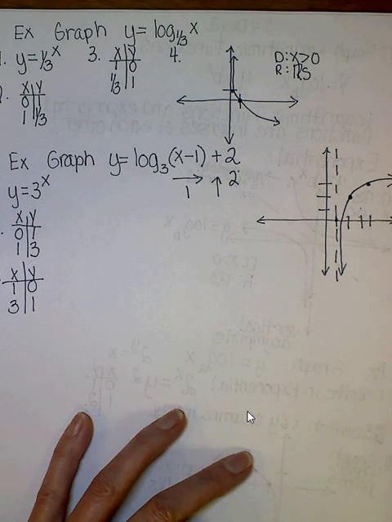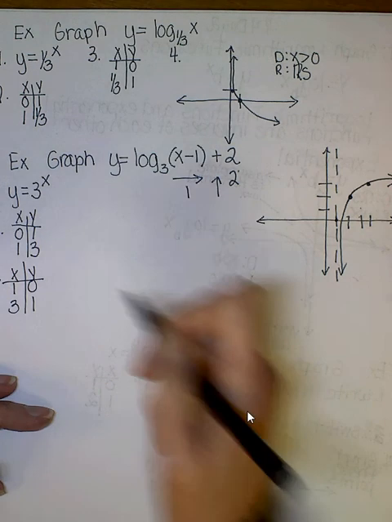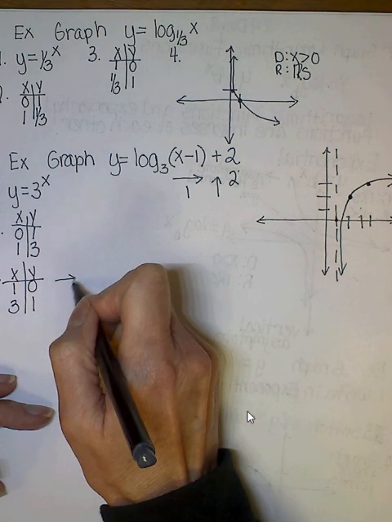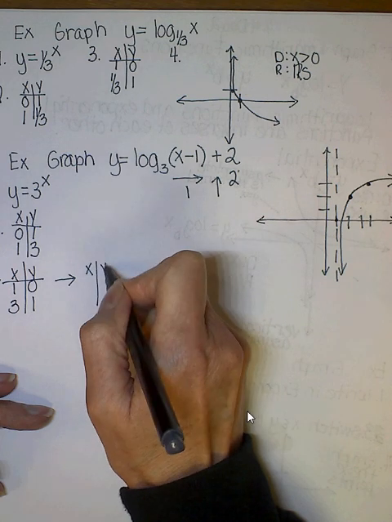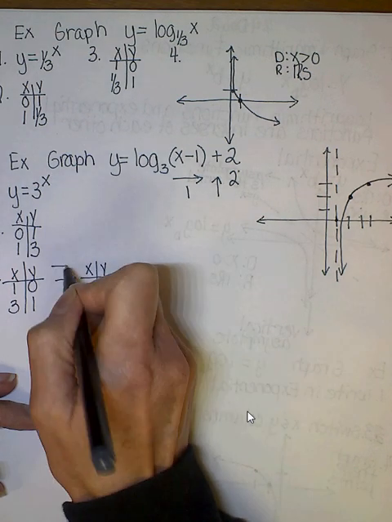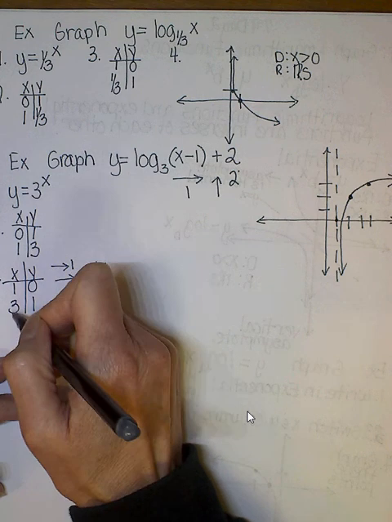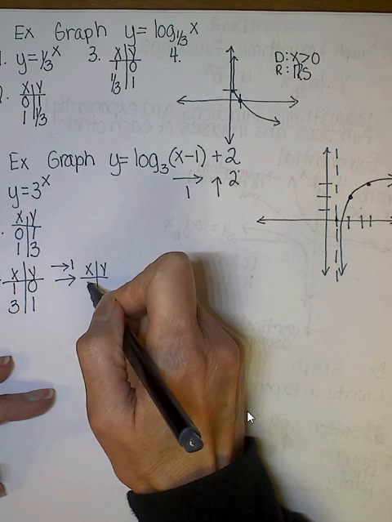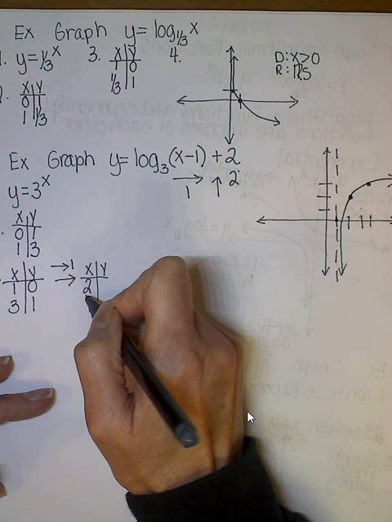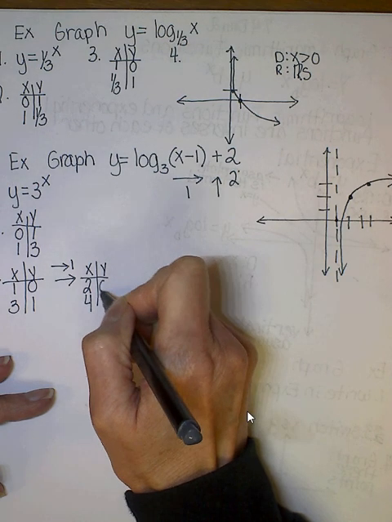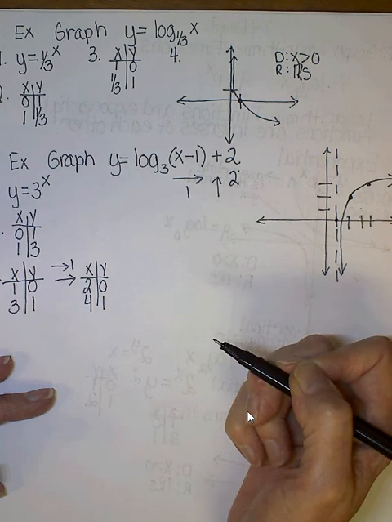Another way you could do it is to make 2 different xy tables, one for each transformation. If I go 1 to the right, that adds 1 to all my x values. It doesn't change the y values, so this would become 2 and this would become 4, but these two would stay the same.